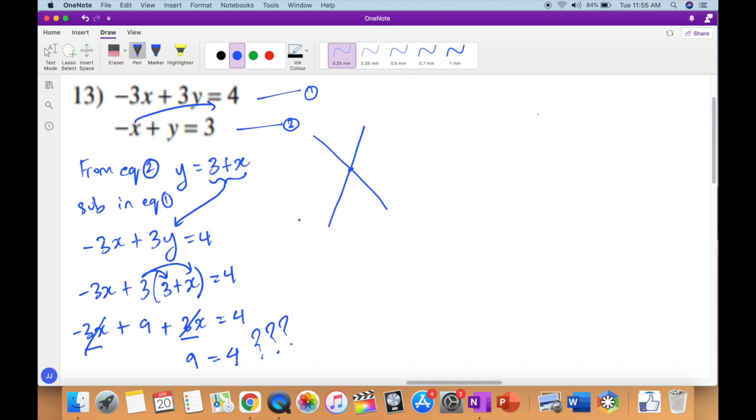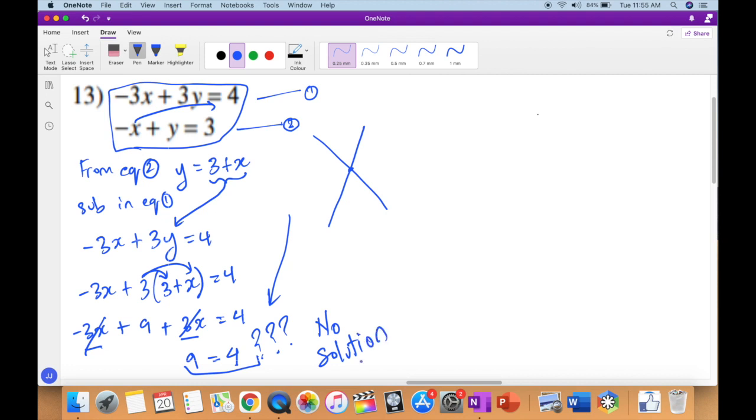Well, guess what? We came up with a very, very weird thing here. So this tells us that these two lines actually do not intersect at all. Yeah, these two lines do not intersect, and therefore this has no solution.